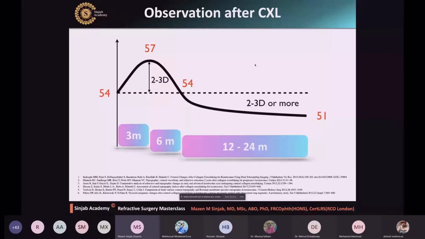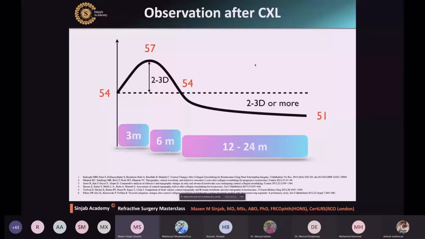Then within the second 3 months, they will go back to the baseline. And then usually there will be a progressive flattening over 2 to 3 years maybe, where the K readings will go down for additional 2 to 3 diopters. So remember this slope.